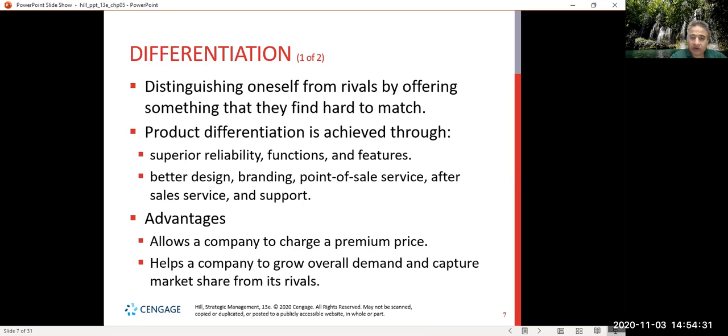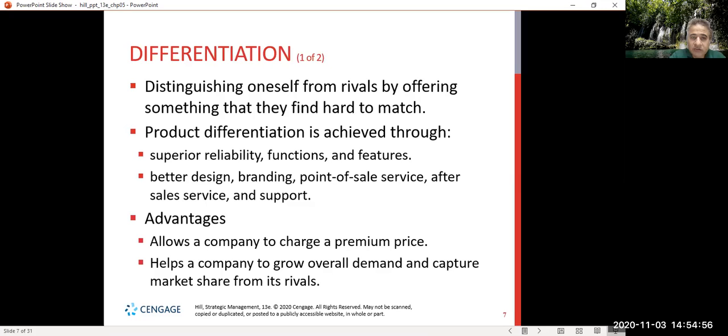For example, Toyota has a different kind of product, a different kind of car for a different kind of industry. And if you look at Honda, it also pursues the differentiation strategy. Even Tesla, the electric cars, they have specialized electric cars which cater to a specific kind of customer needs.